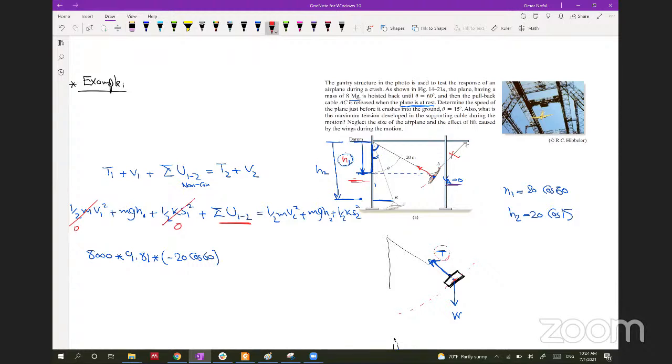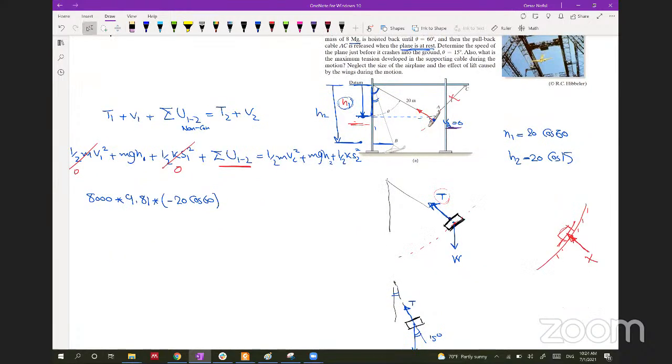Did you get it? It's something like having a body moving here, so the normal force acting from the surface on the body is perpendicular to the direction of the motion, so it doesn't exert work.